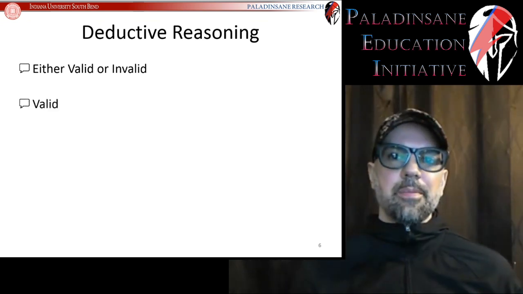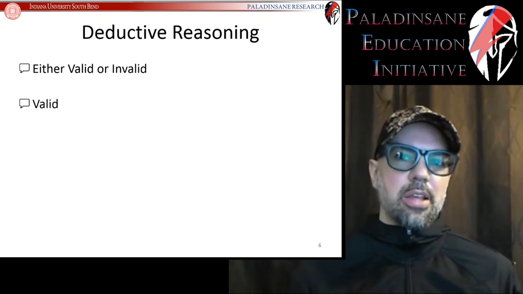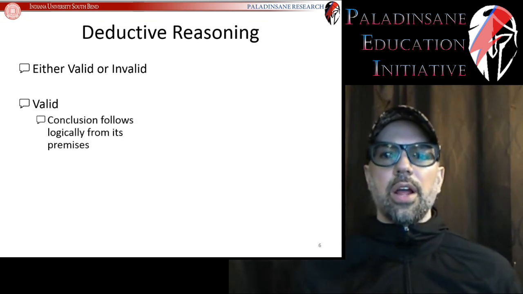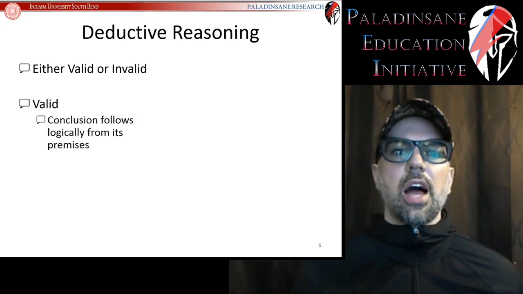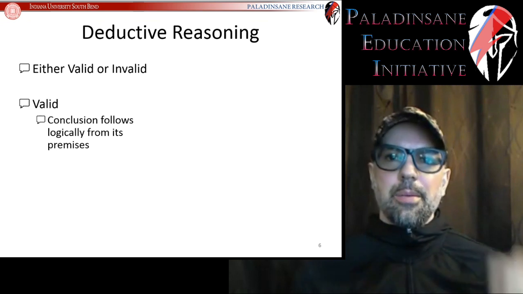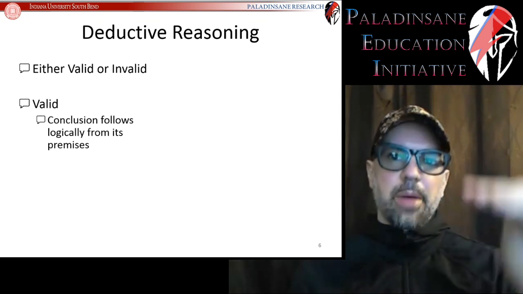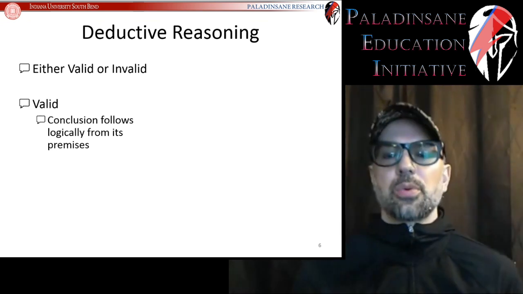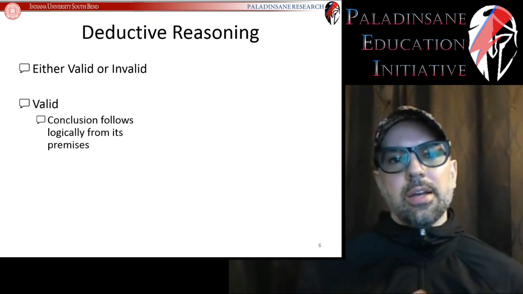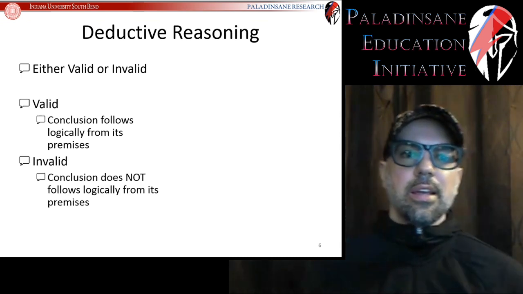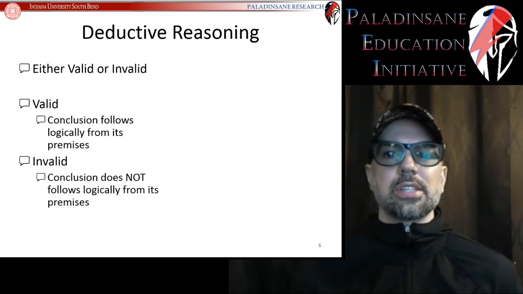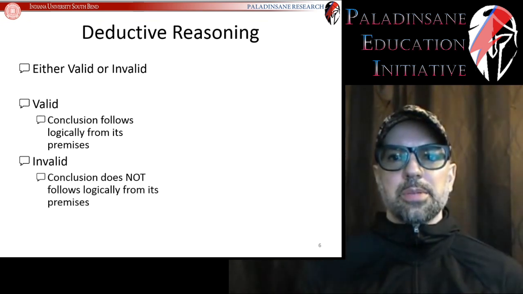So valid deductive arguments are arguments where the conclusion follows logically from the premises. That means that you follow a logical chain of reasoning from the premises, and your conclusion is a result of that logical chain. Invalid arguments are where the conclusion does not follow logically from its premises.